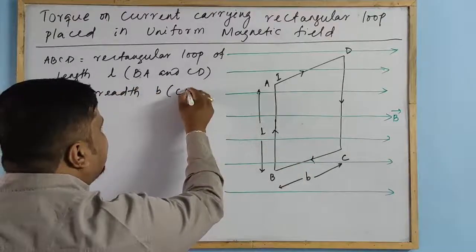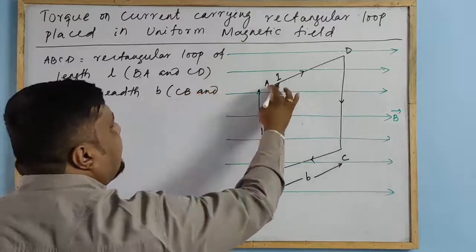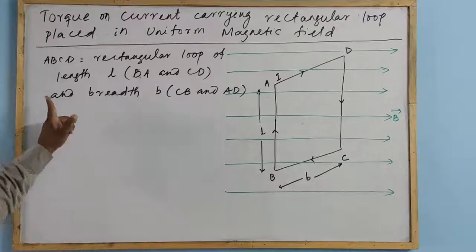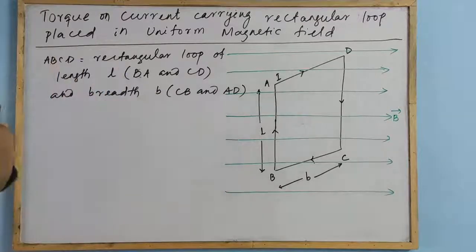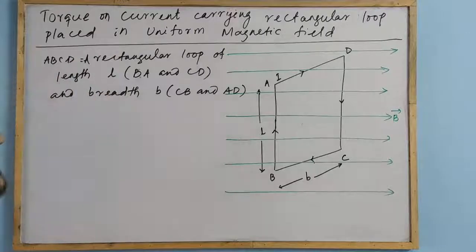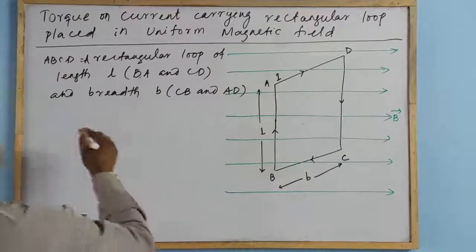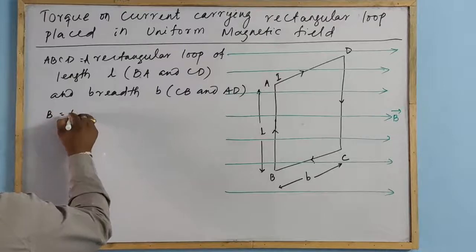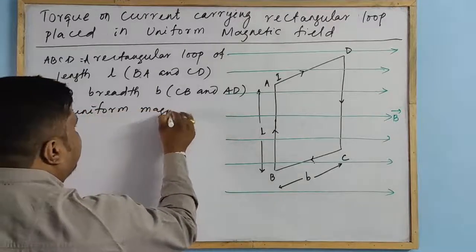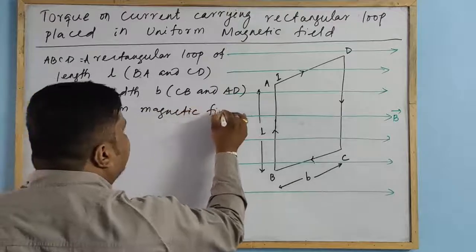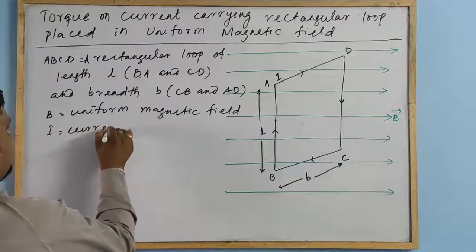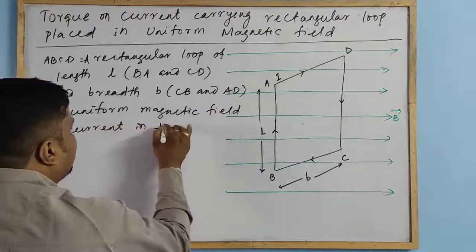BC or CB, and AD. These are the breadth. Clear? First point: ABCD is a rectangular loop of length L and breadth B. B is the uniform magnetic field. I is the current in the loop.